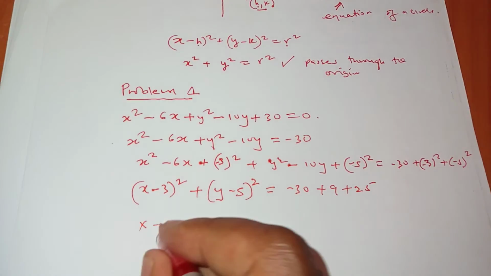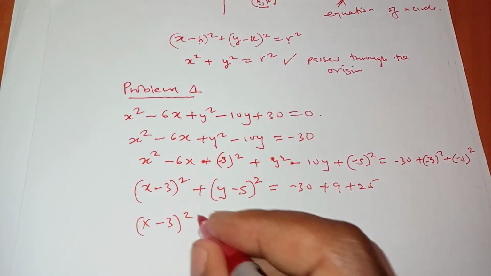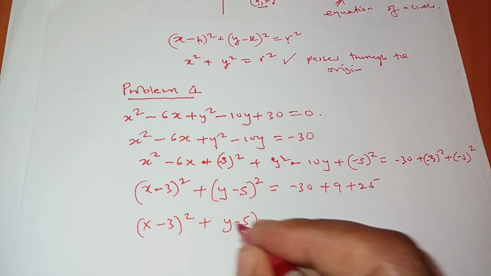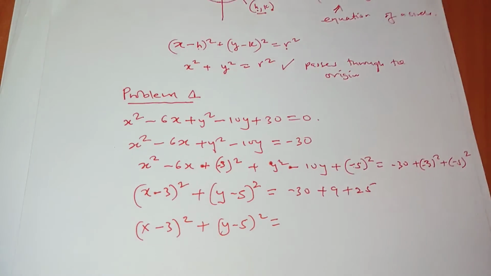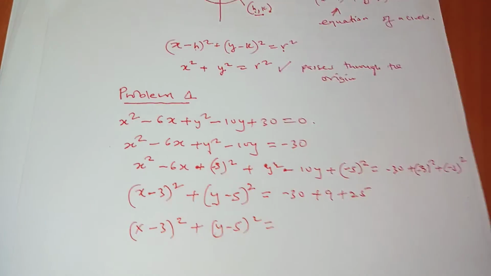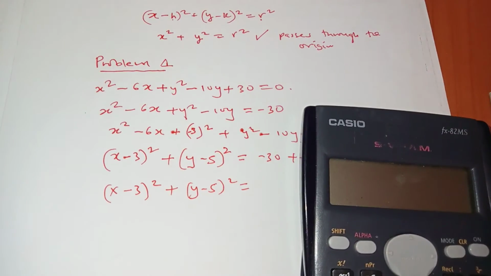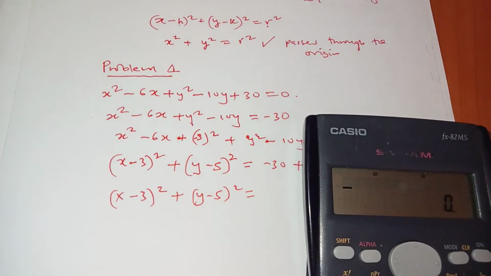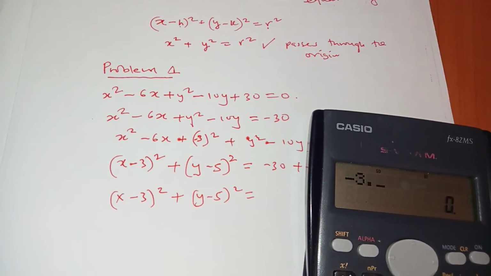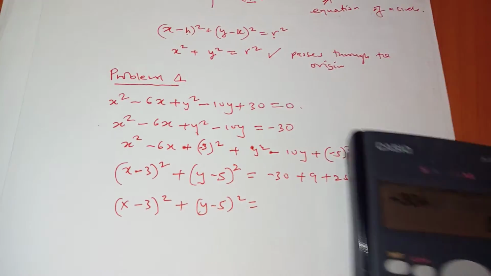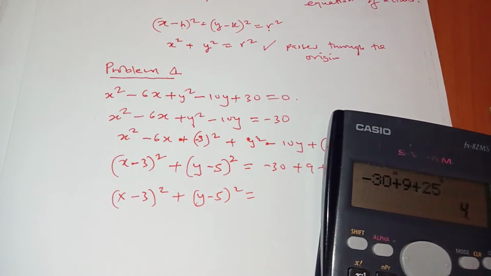So we have (x minus 3) squared plus (y minus 5) squared equals minus 30 plus 9 plus 25, which gives a 4.